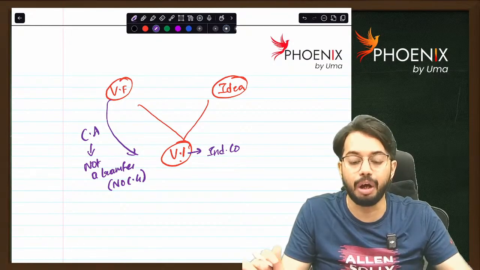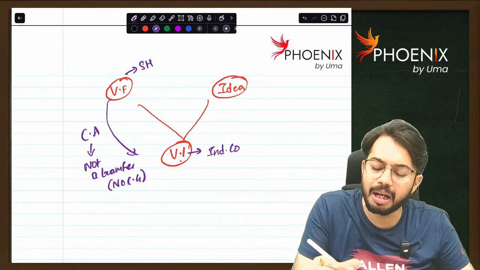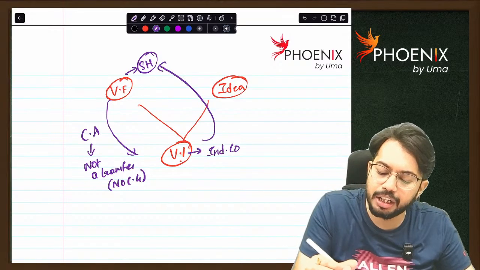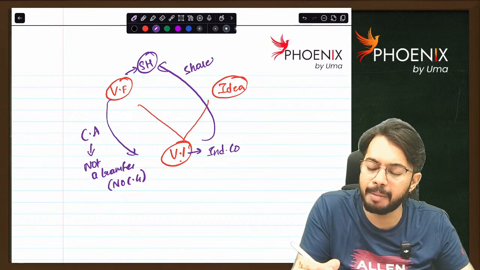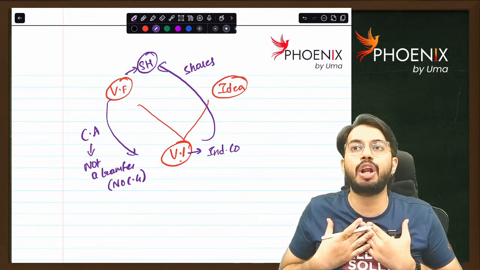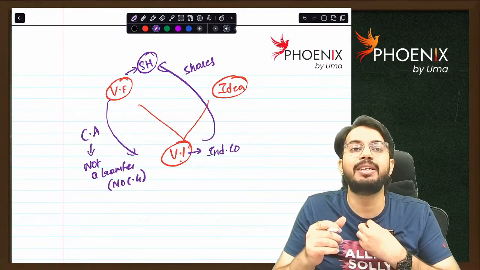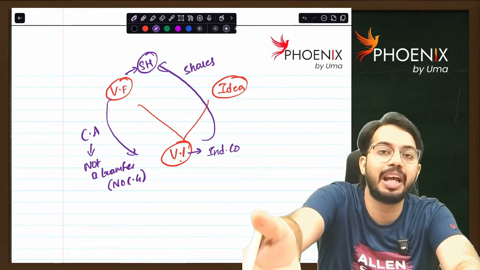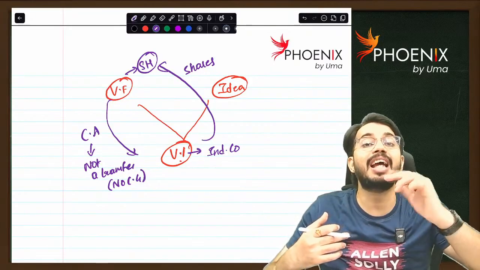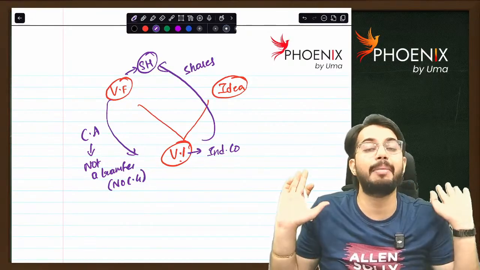Is it clear? Now, shareholders of the amalgamating company will get shares of the amalgamated company. Am I correct? Let's say I am a shareholder of Vodafone Limited. At the time of amalgamation, what will I do? I will submit Vodafone shares and I will take VI shares. So there is exchange of two capital assets. Am I correct or not?